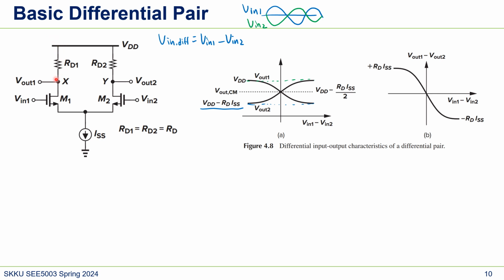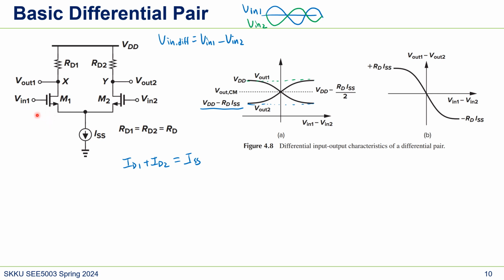And V out 2, since all the current flows here, will be VDD minus RD ISS. These things happen because the sum of these two currents, as we said in the previous slide, ID1 plus ID2, is ISS.